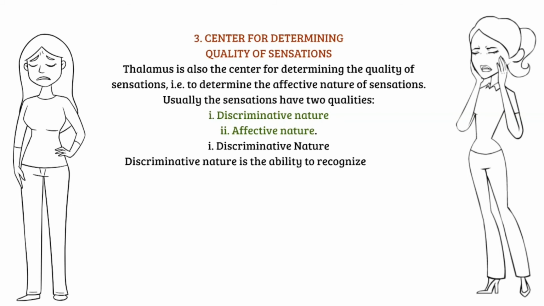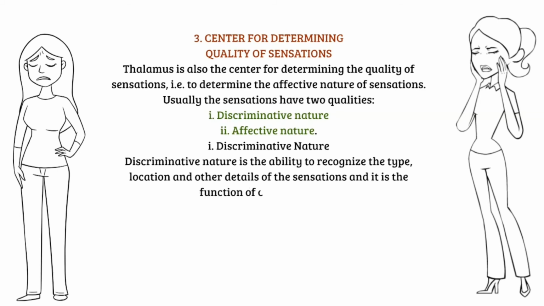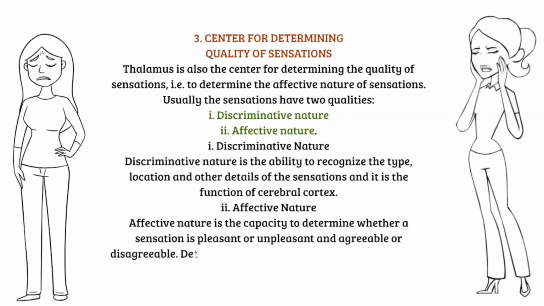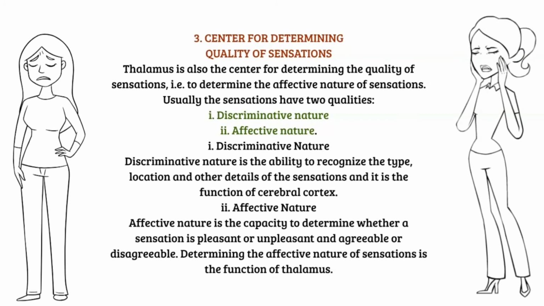It is the ability to recognize the type, location, and the other details of the sensations, and it is the function of cerebral cortex, whereas affective nature is the capacity to determine whether a sensation is pleasant or unpleasant and agreeable or disagreeable. Determining the affective nature of sensations is the function of thalamus.